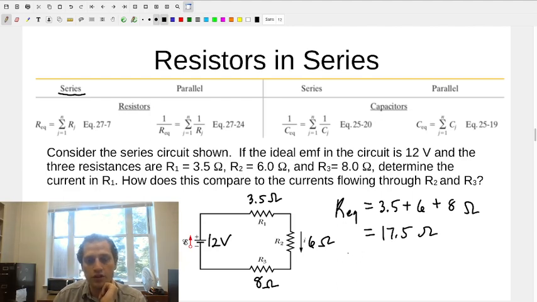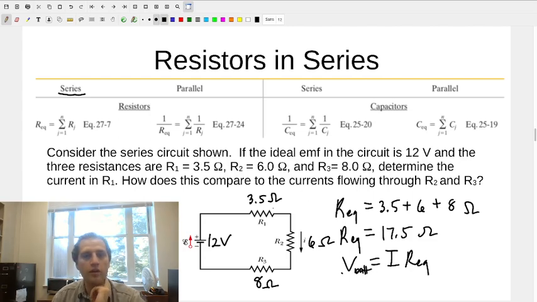And then if you wanted to find the current, you would just use the battery voltage and V equals I times R equivalent. Because remember, if you measured the potential drop across each one of these resistors, it would be less than 12.